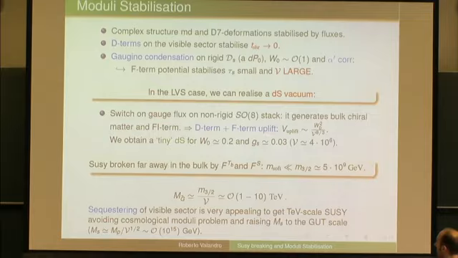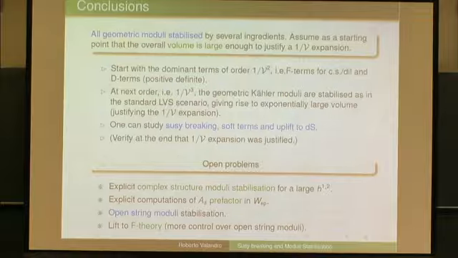And also here we are able to consider a way to lift to de Sitter. So actually we found the de Sitter minimum, and we also studied SUSY breaking and see that here we have realized the sequestering scenario in which the gaugino mass is of order 110 TeV with the volume of this size. Okay, conclusions.